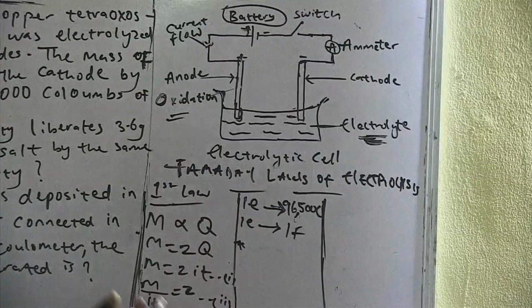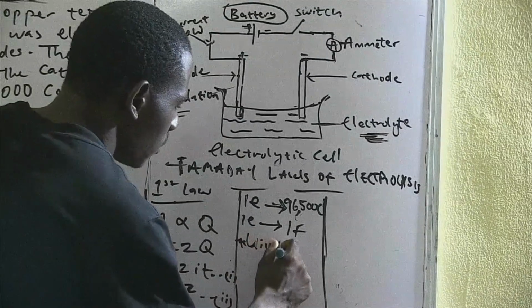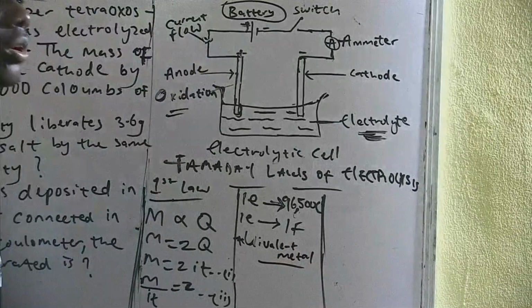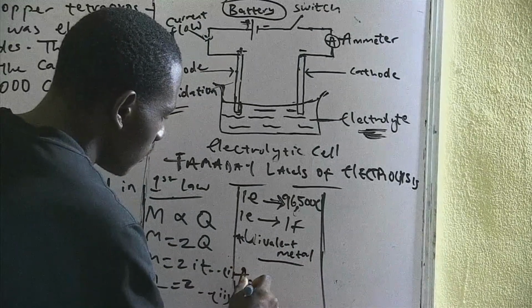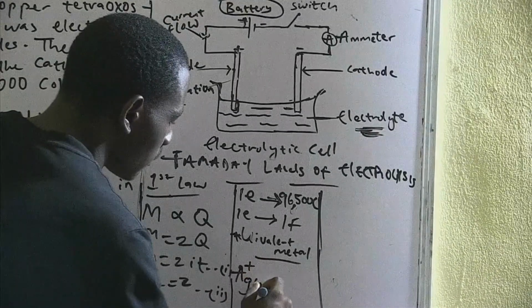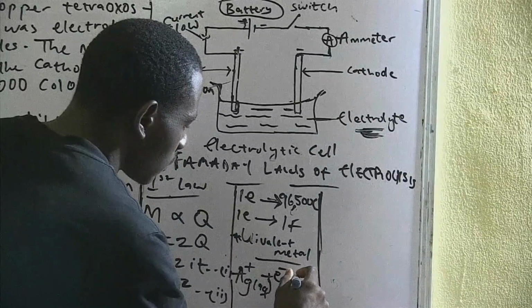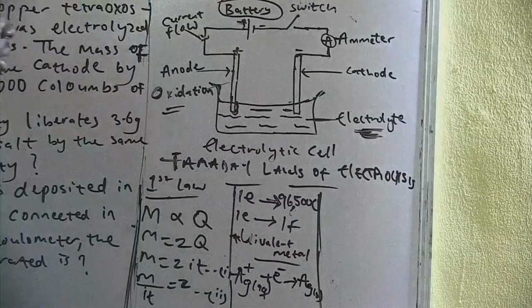What do I mean? For a univalent metal like Ag, Ag+ aqueous plus e- giving you Ag solid.